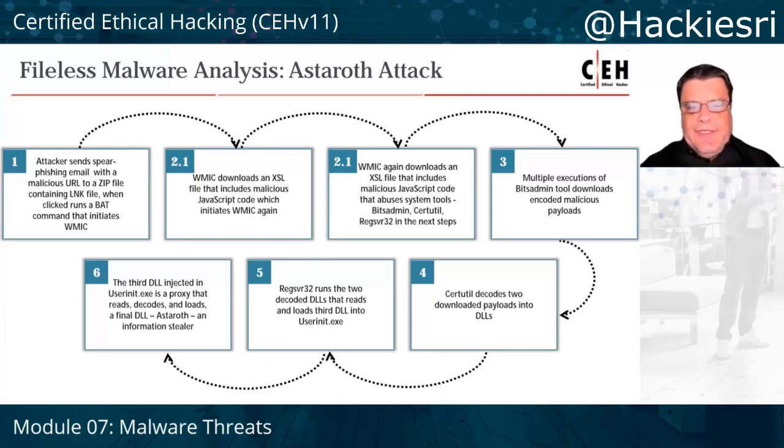Next, regsvr32 runs the two decoded DLLs that read and load a third DLL into userinit.exe. Finally, last step 6, the third DLL injects into userinit.exe as a proxy that reads, decodes, and loads a final DLL, which is the Astaroth information stealer.